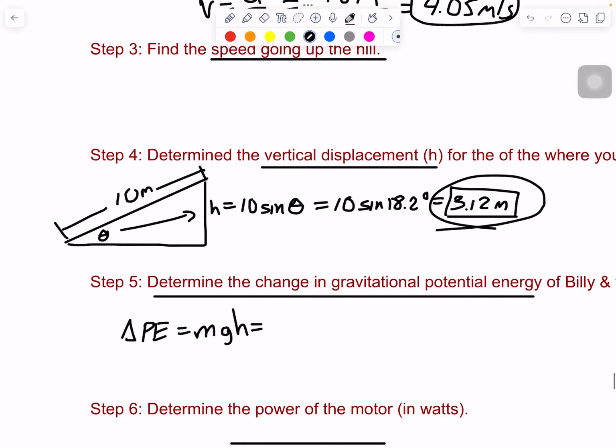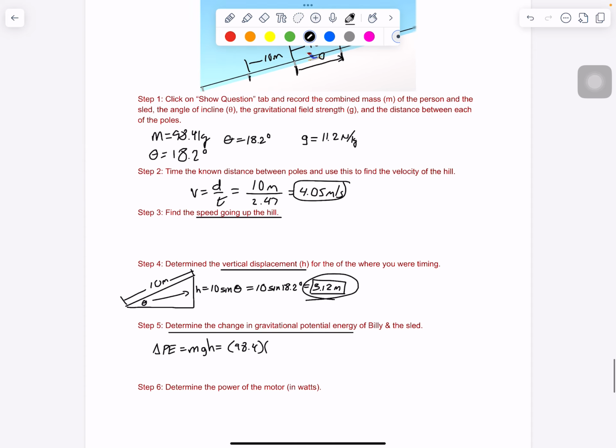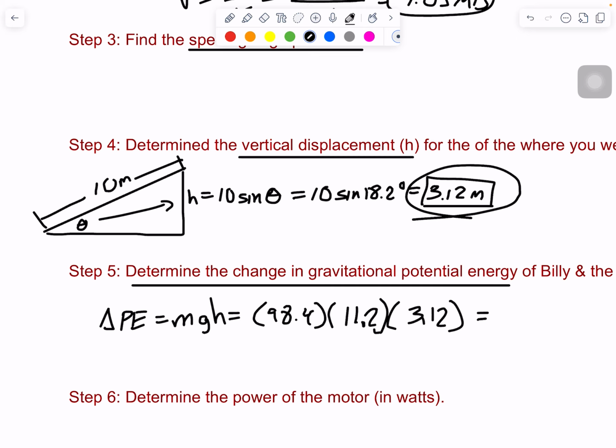Okay, so write down your information. We have 98.4 times g, which was 11.2 in my case, times 3.12 meters high. Okay, looking at about 3,438 joules of potential energy.